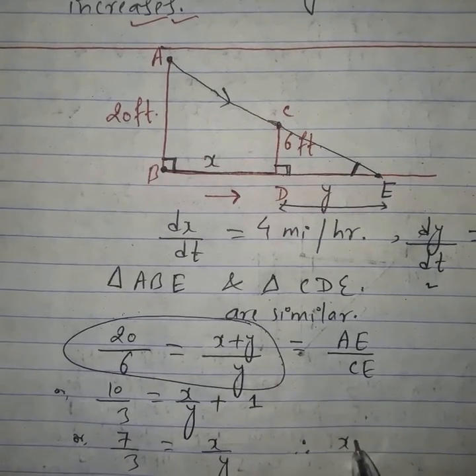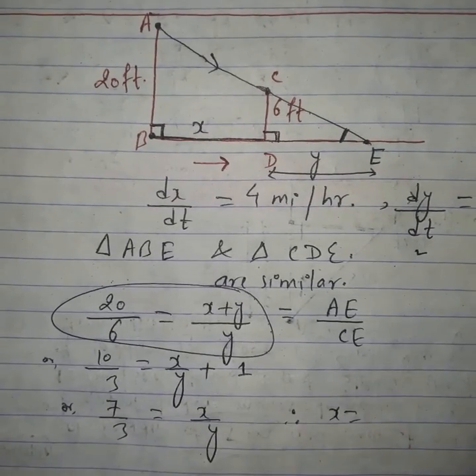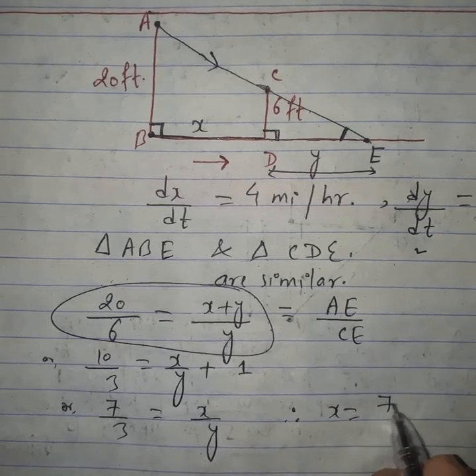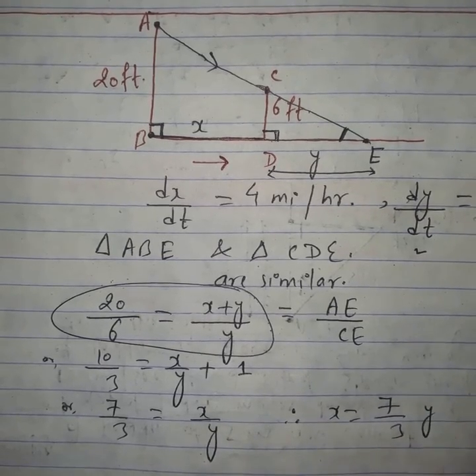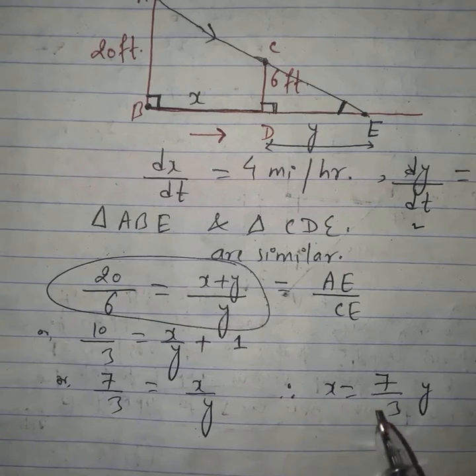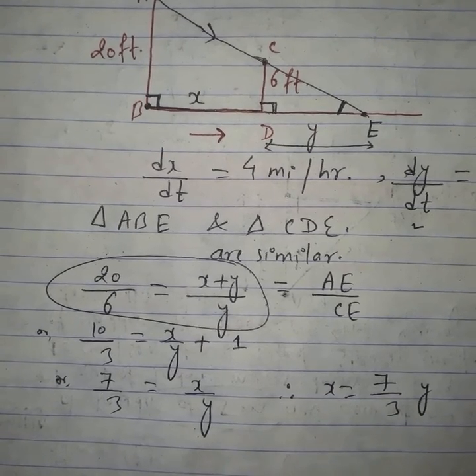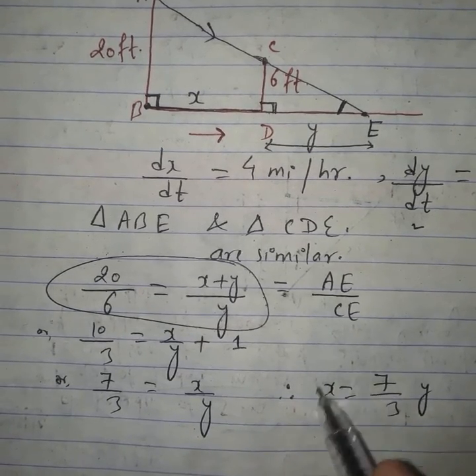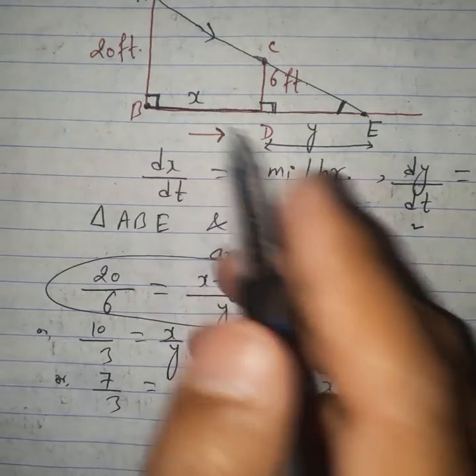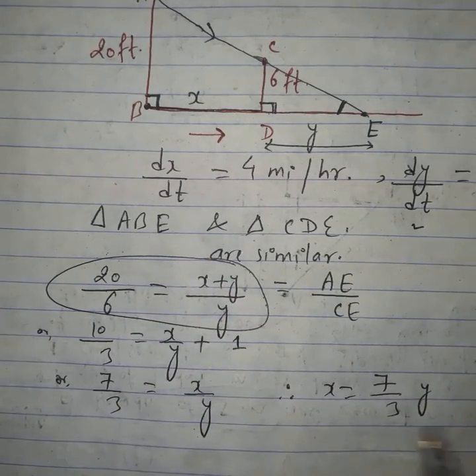Therefore, cross multiplying, the value of x is 7 over 3 times y. This is the relation between the two variables x and y.